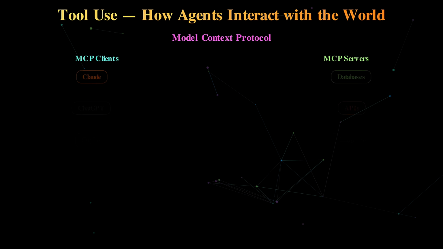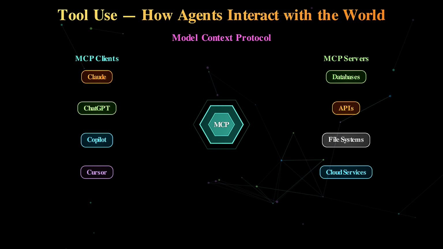What makes MCP particularly powerful is that both sides work independently. A tool developer publishes one MCP server, and it instantly works with Claude, ChatGPT, Copilot, Cursor, and any other MCP-compatible agent.